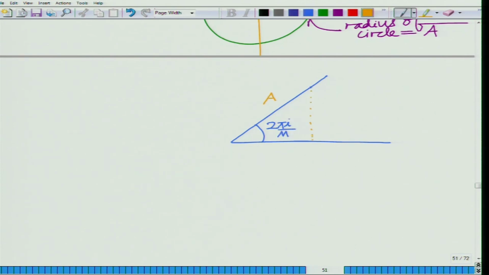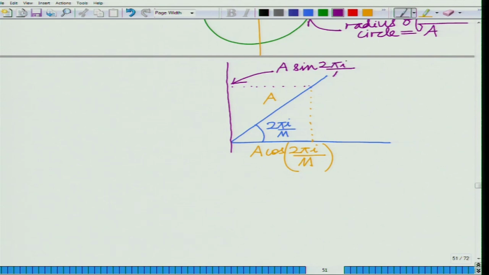So, the x coordinate is going to be A cosine 2 pi I over m, and the y coordinate is going to be A sine 2 pi I by m.